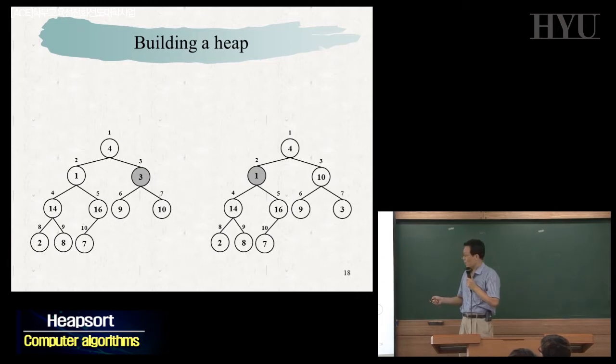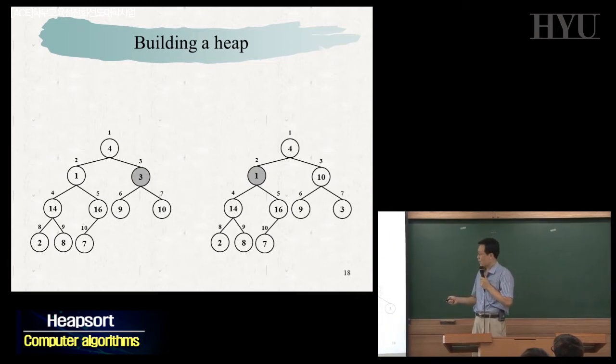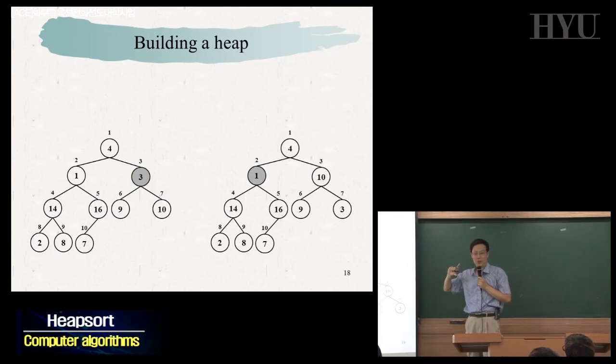Comparing 14 and 16, 16 is bigger, so 1 and 16 are exchanged. Okay, 16 and 1 are exchanged. Is that all? After 1 and 16 are exchanged, we compare 1 with its child 7. Yes, we have to compare repeatedly.